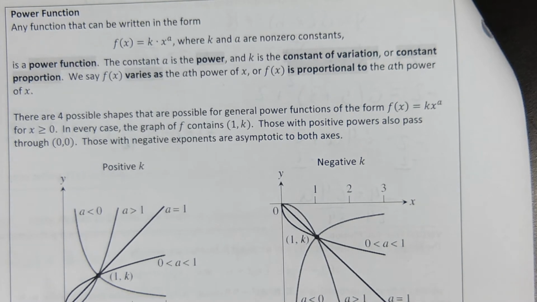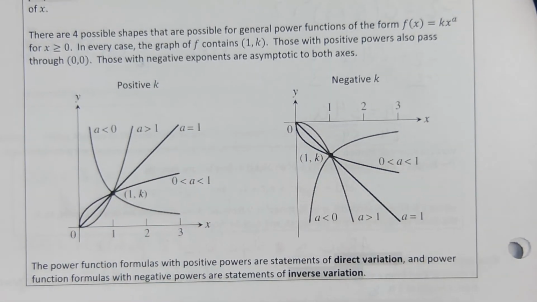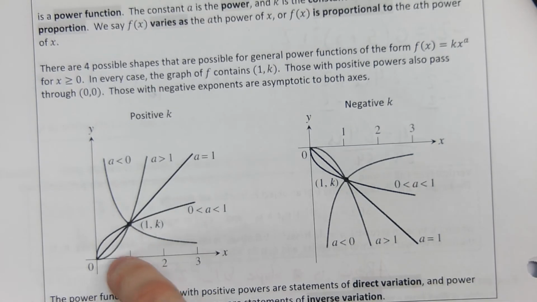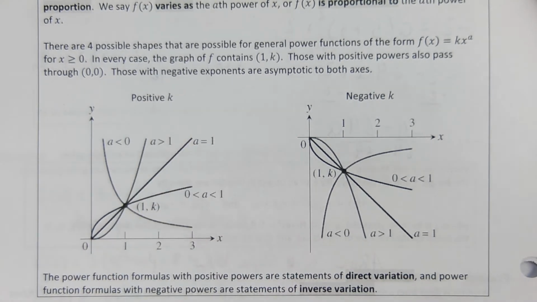It's just kx. And that's why you get this straight line here. If a is bigger than 1, then you get something that's parabolic or cubic or anything in between, like a 2.5, 3.1. They're all going to do that.